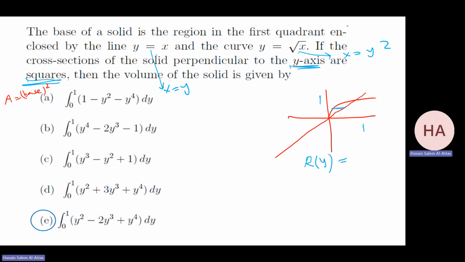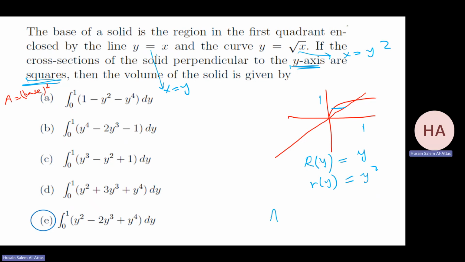No, wait a minute. The bigger radius is the line, which is x equals y, and the inner radius will be the square root, which is x equals y squared. So that is y squared.